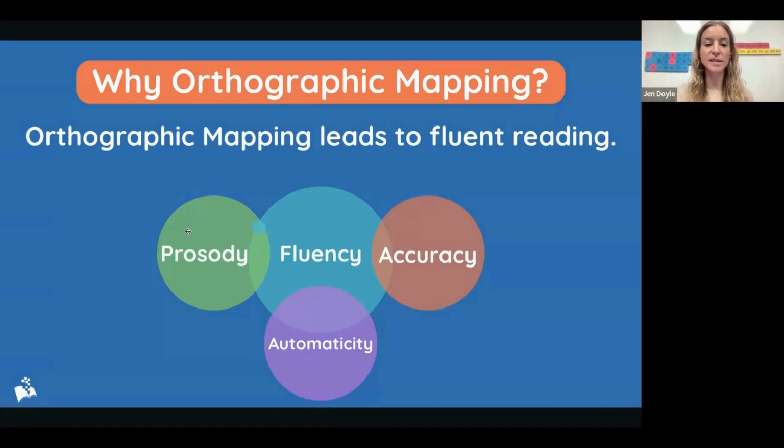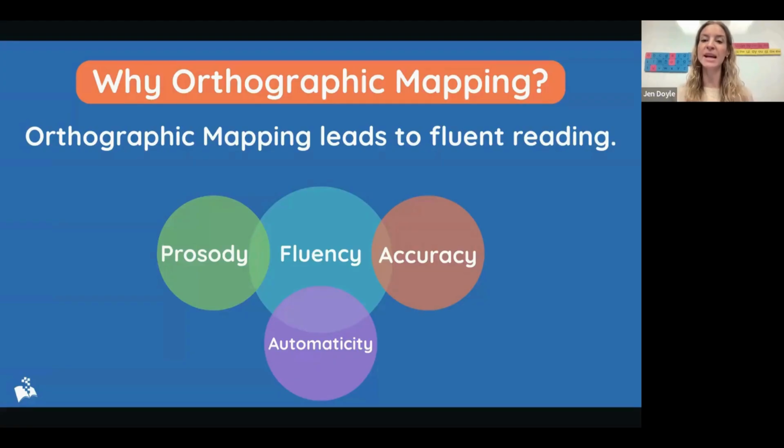And then their prosody is also really well developed, which is their reading expression. And we know when a reader is very expressive, that shows they're understanding what they're reading. So fluent reading is going to lead to that ultimate goal of reading comprehension. We want students to be very automatic and accurate with their words to have that reading fluency.